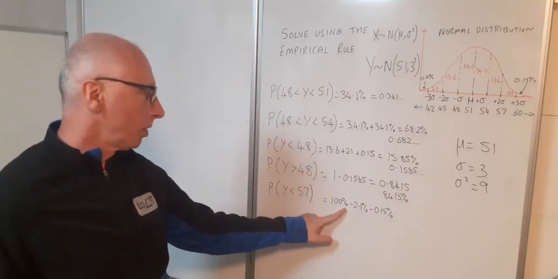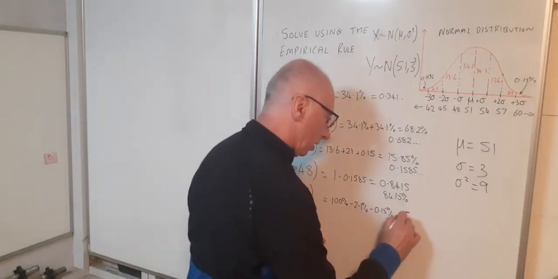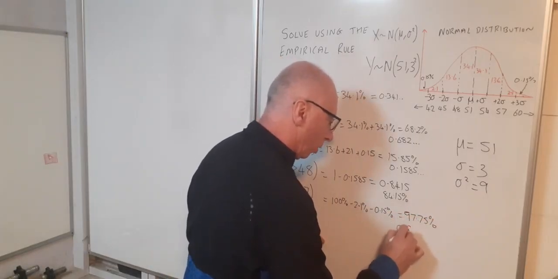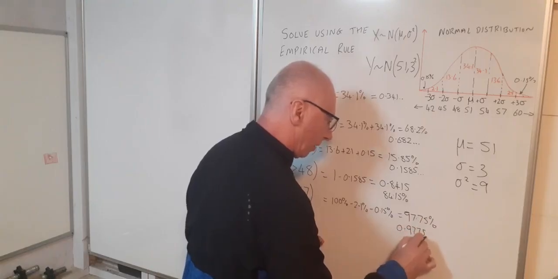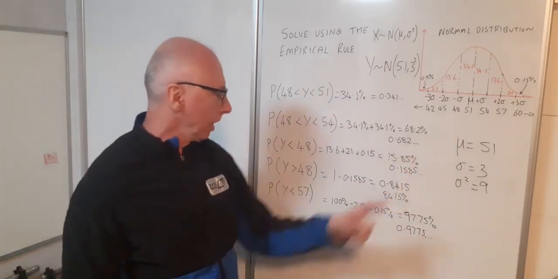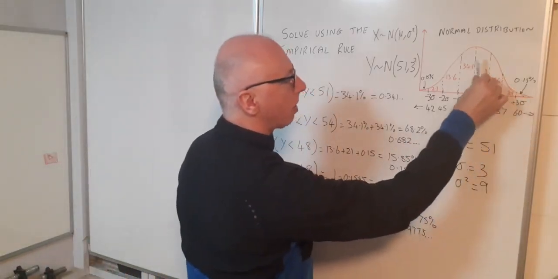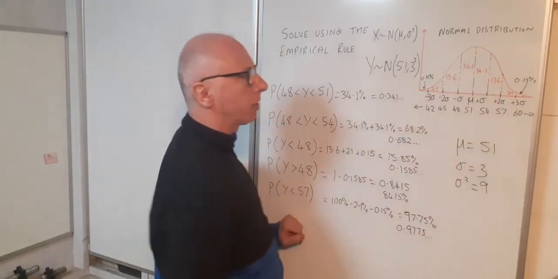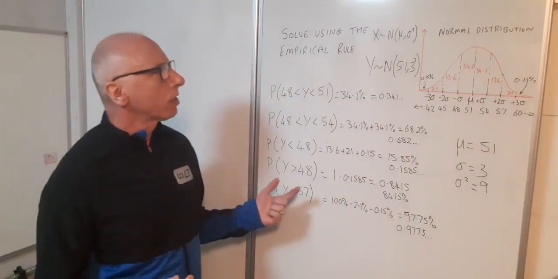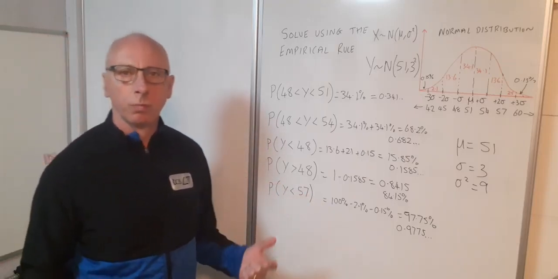That becomes 97.75%, which is 0.9775 approximated. So that would be the probability of less than 57. You can see as 57 is here, most of the area is under that part of the curve. So that would be a way of solving normal distribution probabilities by using the empirical rule.